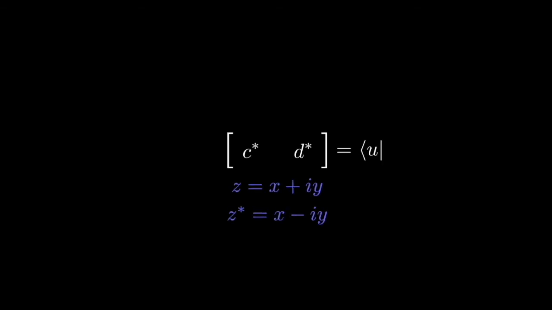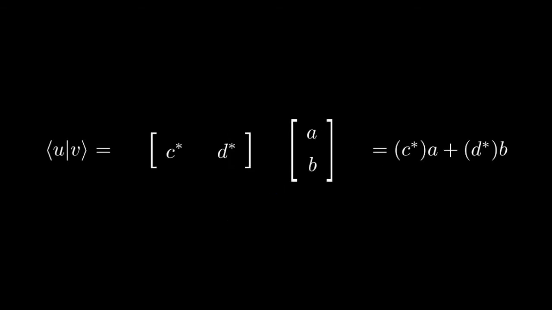So recall that the complex conjugate of a number z with real part x and imaginary part y is just flipping the sign of the imaginary part. So instead of plus iy, we have minus iy. So now, armed with our knowledge of bras and kets, we can now compute the inner product, which is the general form of the dot product in a vector space.